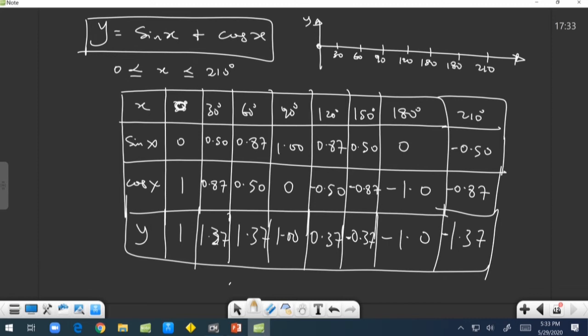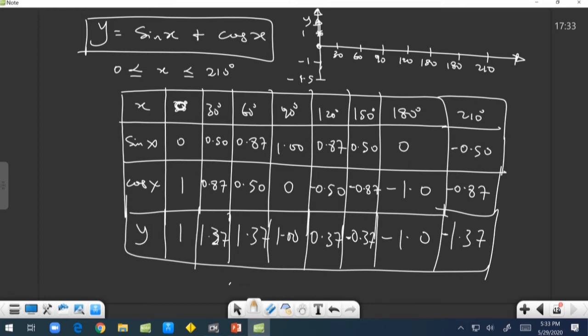The maximum value there, we can take this as 1 and take this as 1.5. Same here, this is negative. So by the time we draw the graph, we have 0 to 1, that will be around here.